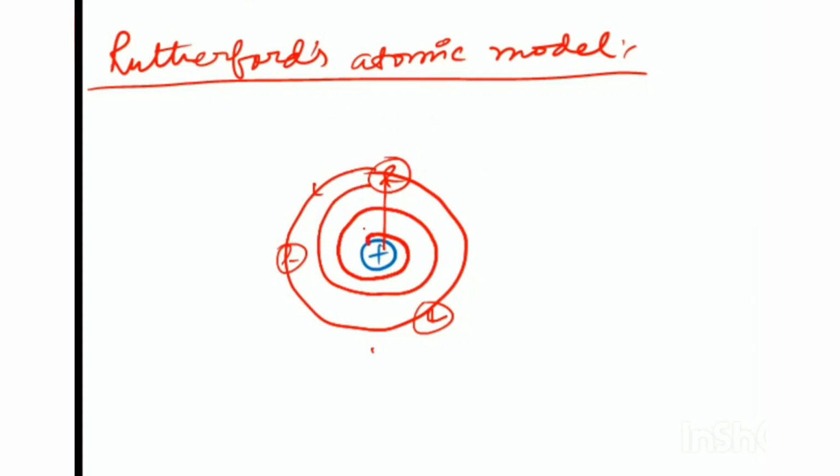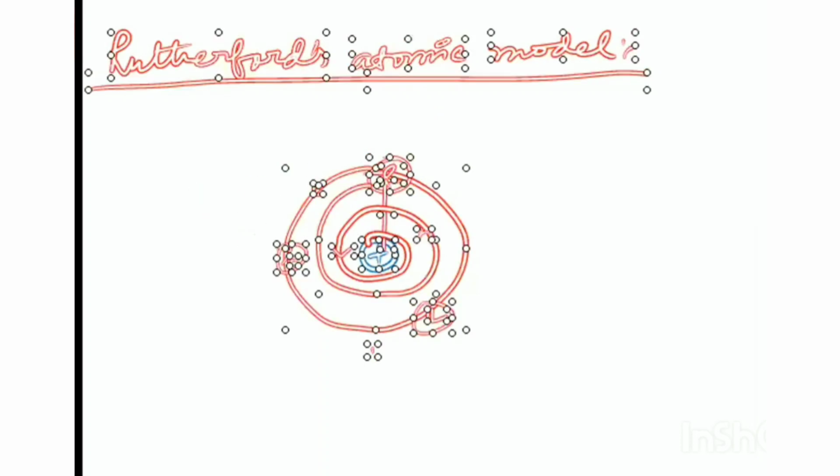So at last it will come to the nucleus and the atom will collapse, but that doesn't happen. We see everything around us is made up of atoms, but they don't collapse, right? So this is a drawback of Rutherford's atomic model, and this model is discarded. So we're going to discuss a model which comes very often, that is Bohr's atomic model.